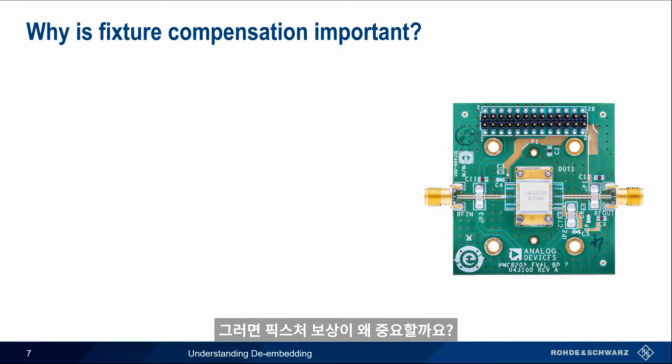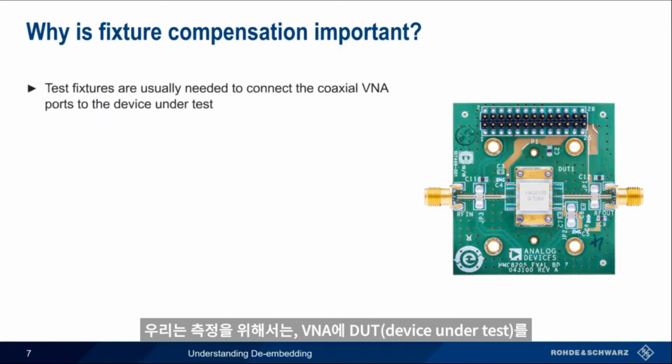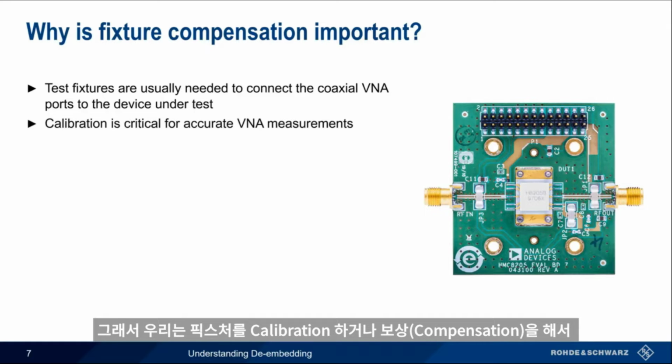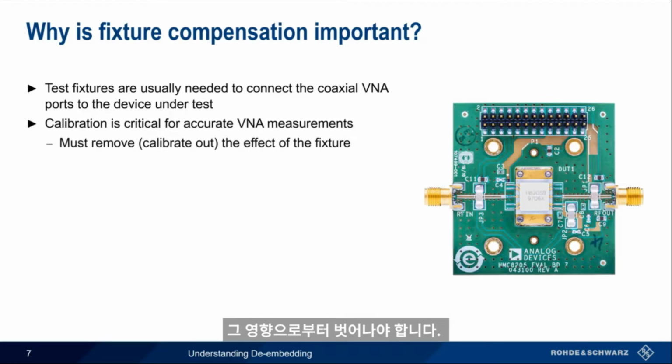So why is fixture compensation important? Clearly, we need some way of connecting the coaxial VNA ports to the device under test, even when the device under test is not connectorized. And as you should already know, calibration is critical for accurate VNA measurements. So it should be clear why we need a methodology or procedure that can compensate for or calibrate out the effects of the fixture.